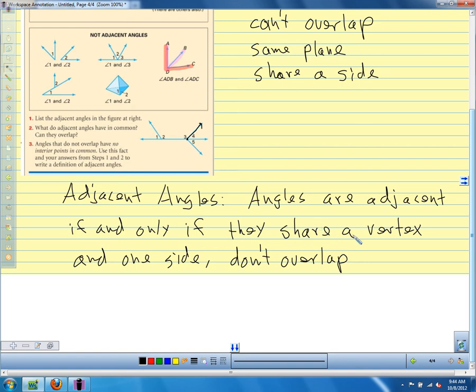So we can go ahead and write that down. They don't overlap and are in the same plane.